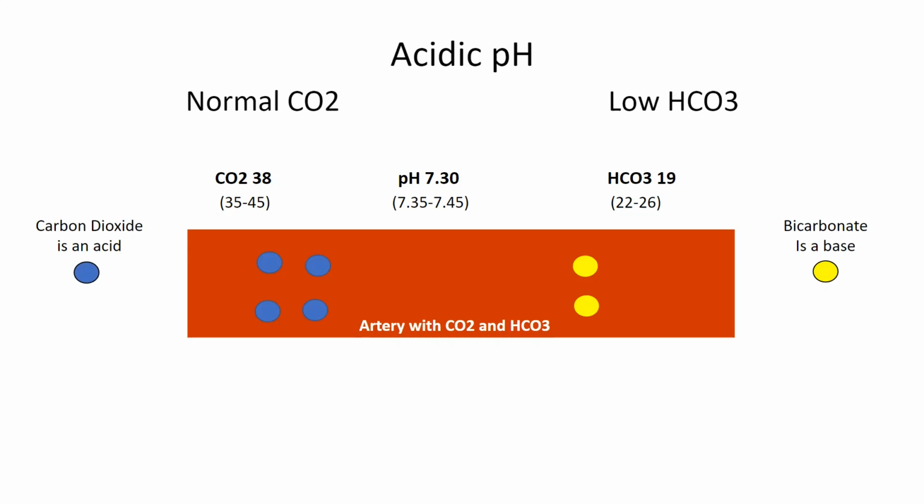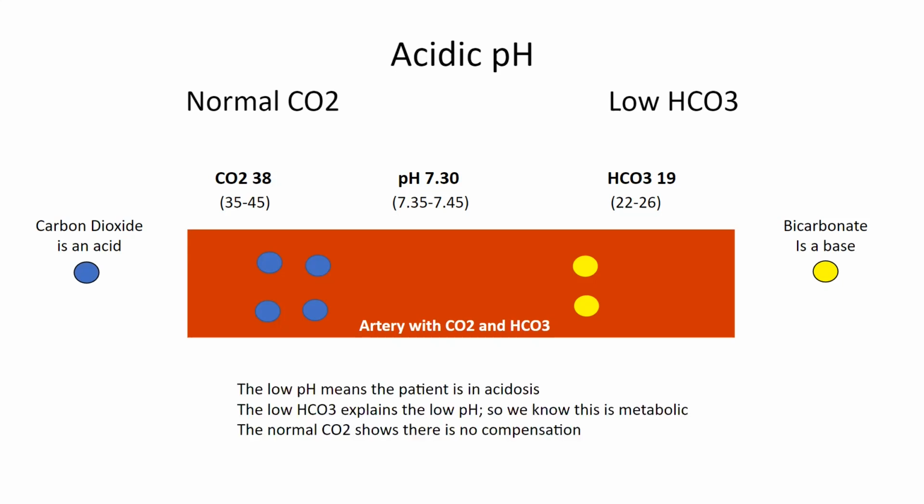The issue is that there isn't enough base. It's low, so the pH is acidic. Let's go through the numbers. The low pH means the patient is in acidosis. The low HCO3 explains the low pH, so we know this is metabolic. The normal CO2 level shows there's no compensation. This is uncompensated metabolic acidosis.